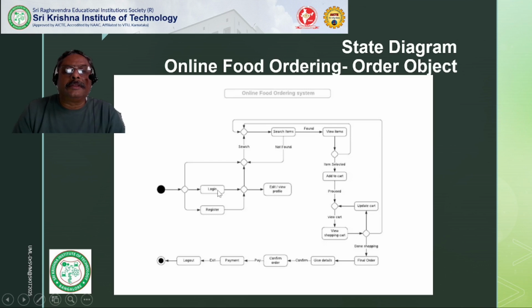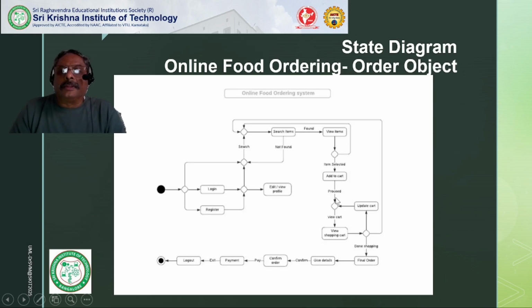If we are already registered, then we can log in, and then we can search for the food, search the items, and if it is found, view the items, then select the items, and if you are interested, add to the cart. If you are not interested, then continue your search, view various items, and keep on adding to the cart.